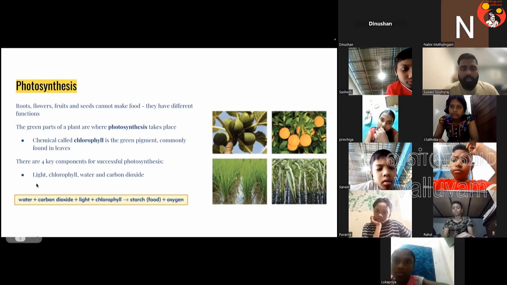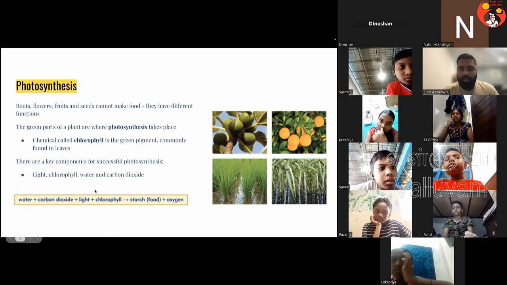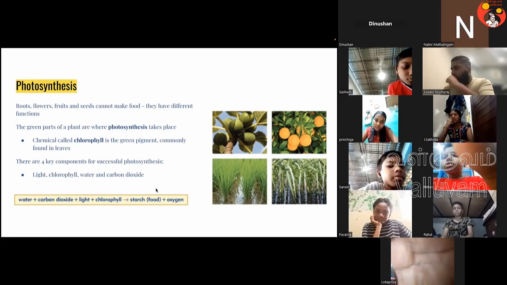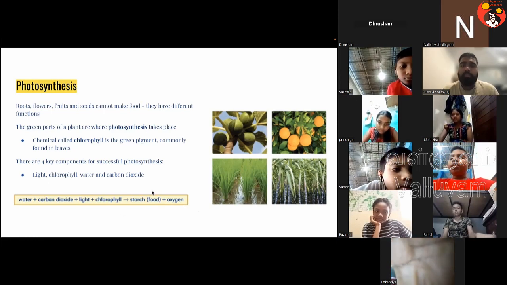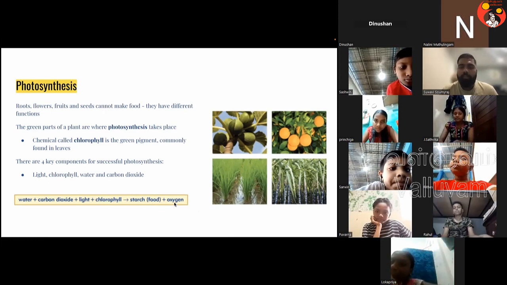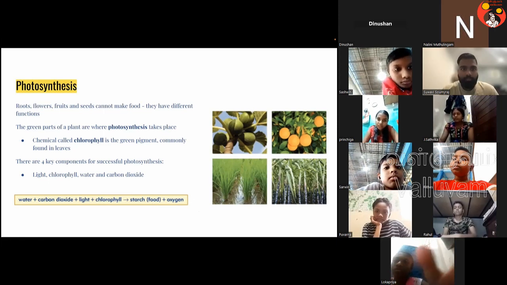So you can see here down the bottom, those 4 elements, when combined together, create the starch and the sugars along with oxygen, right? So the starch and the sugars for the plant to grow and develop, and then oxygen, which of course is produced into the environment, into the world to help all the humans and animals live, right?